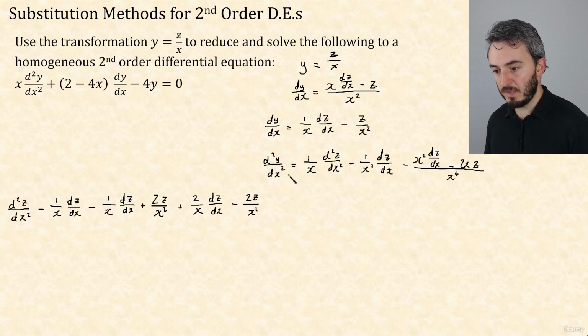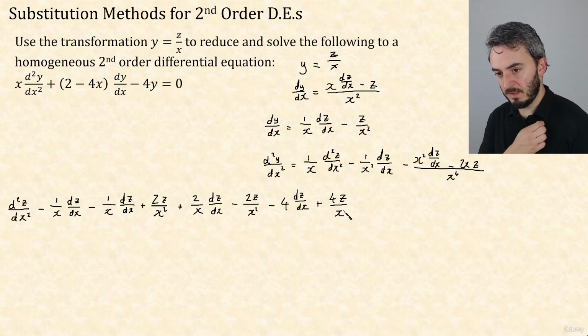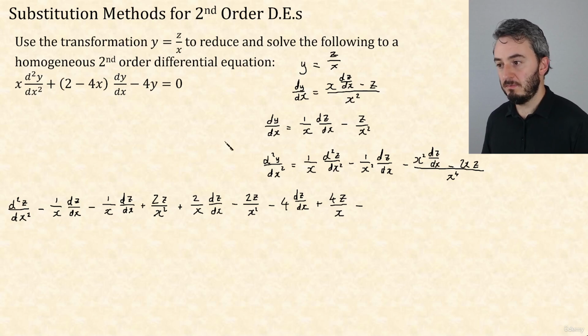So minus 4x times this gives me minus 4 dz by dx. And this one times minus 4x gives me plus 4z over x. Okay, I think that's right. Finally, minus 4y. Well, y is z over x, so that's minus 4z over x.